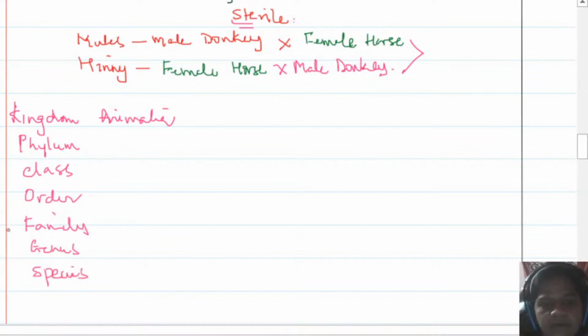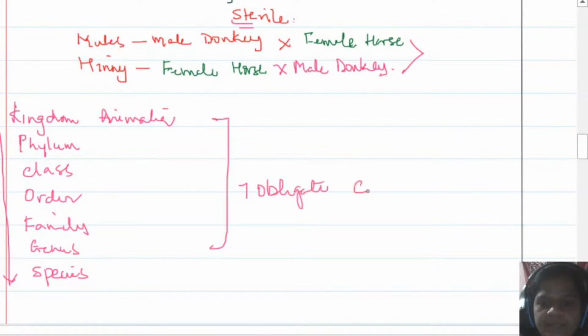These are all the 7 obligate categories. And some of you have even written it down, so very good. But remember, there is another one, domain.